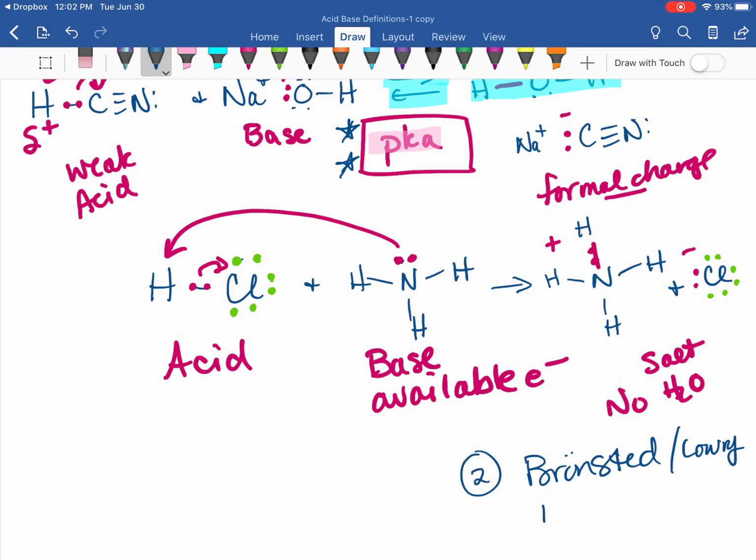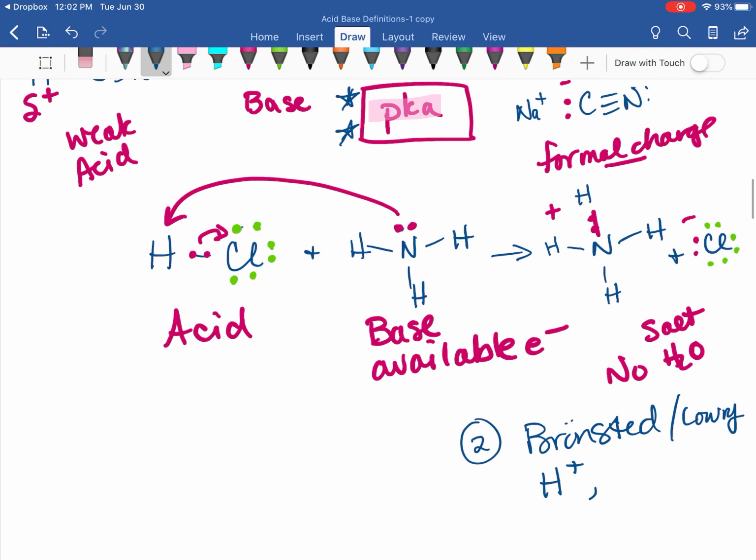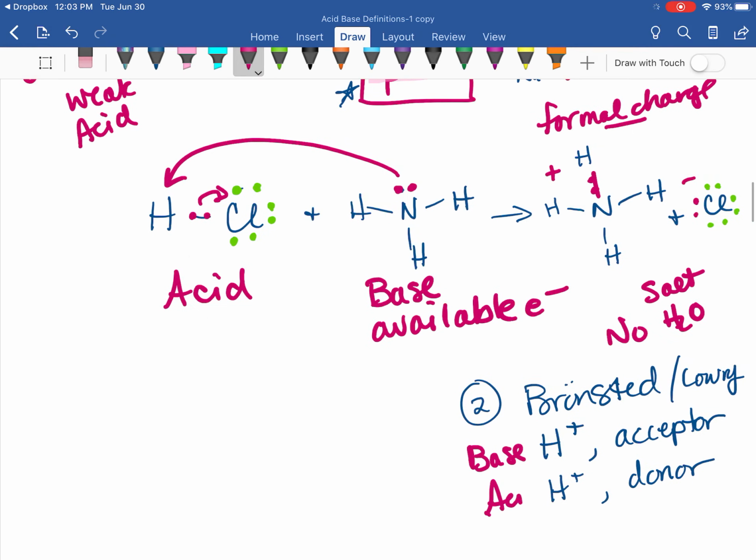Our Brønsted-Lowry includes just that transfer of that H+. So you probably learned it as an H+ acceptor and an H+ donor. So basically your H+ acceptor is your base and your H+ donor is your acid.